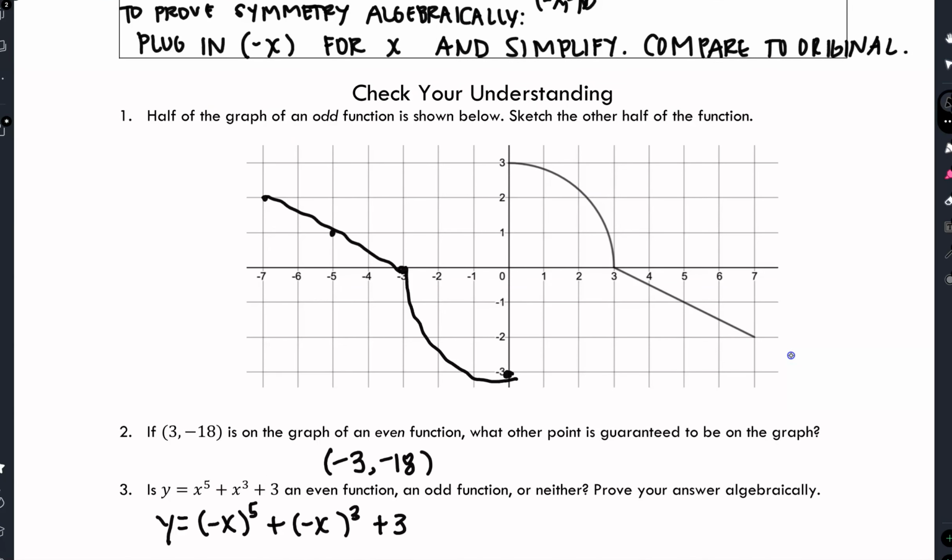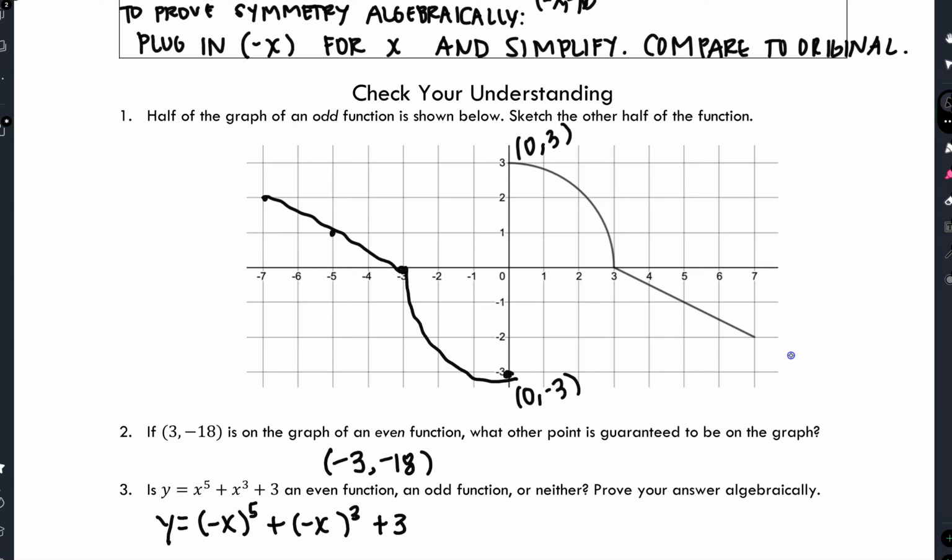All right. So I tried my best to half of number one. So number one is an odd function. So sketch what it would look like. So odd would be rotational, right? So at the point 0, 3, we would actually be at 0, negative 3.